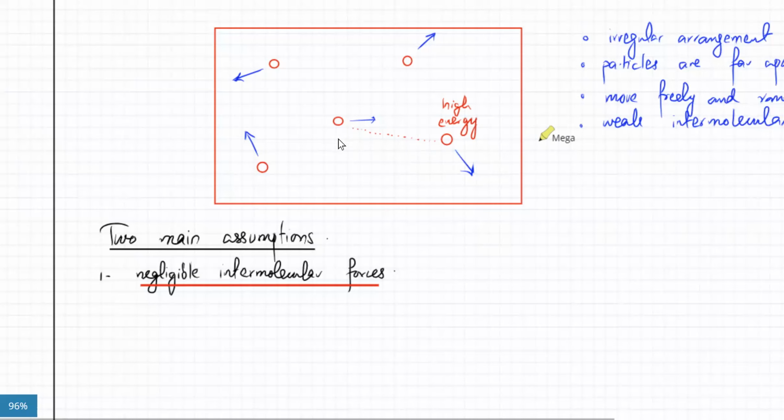Because they are so energetic that they don't really care whether they're attracting each other or not. They've got so much energy that they easily overcome those intermolecular forces. So gases have negligible intermolecular forces, but this statement is more true at higher temperatures.